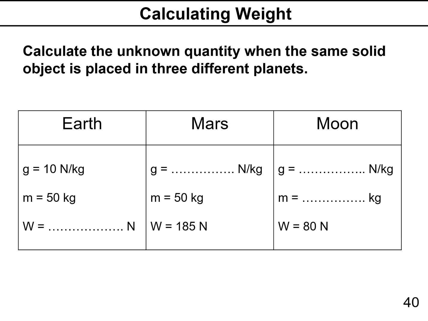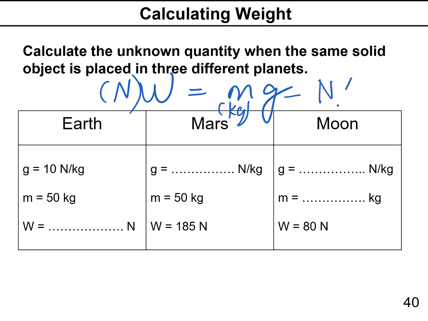So now let's take a look at this question here. There are 3 planets. For the first question, remember you just need the formula W equals mg. W is in newtons, mass is in kg, your g is newtons per kg. Do note the units.